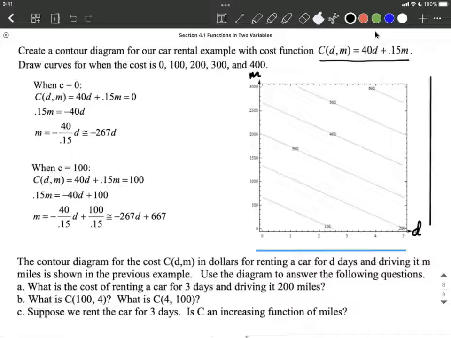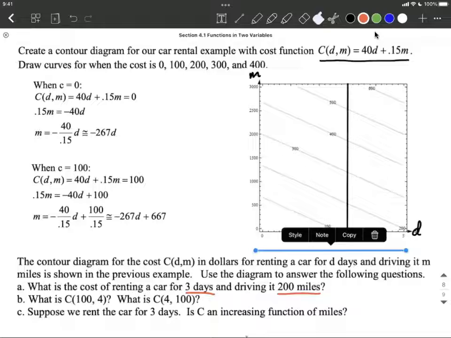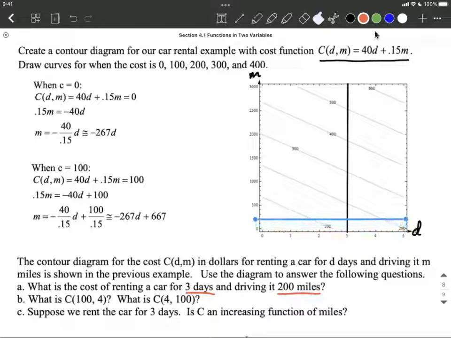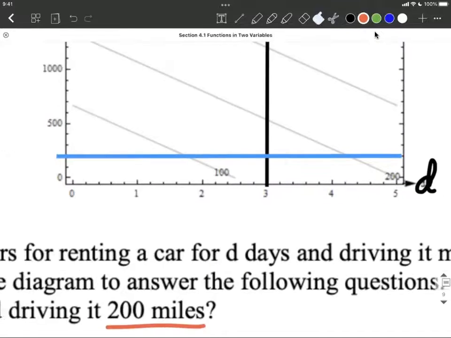All right, so the first question we're going to try to answer is: if you drive for 3 days, so d equaling 3, and travel 200 miles, exactly what is our cost going to be? I'm going to draw some lines in. The first one corresponds with 3 days, so it's going to be right about there. The next one is going to be 200 miles, so it's up 1, 2 on our y-axis. We're looking at right where these intersect.